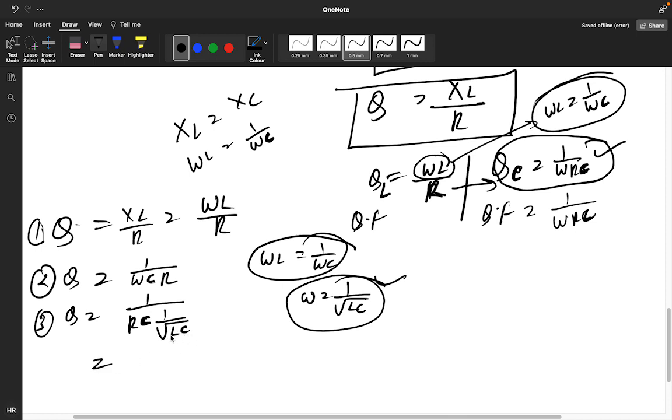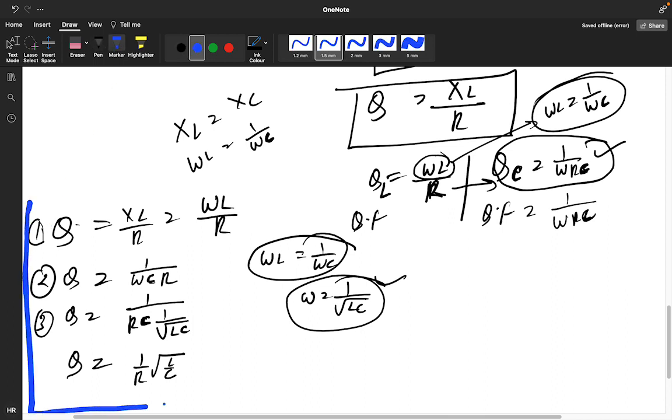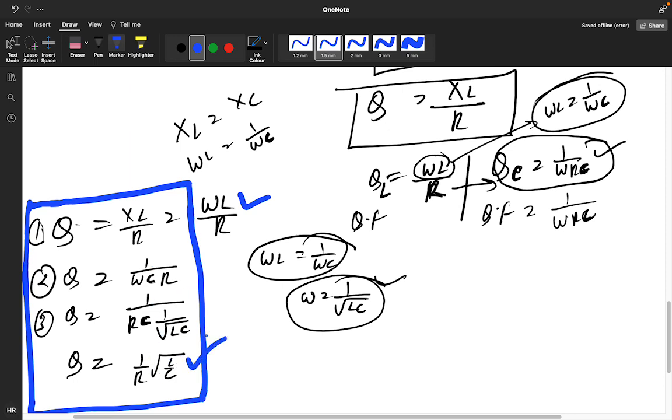If you solve this, what you will get is 1 by R root under L by C. So all these quality factor formulas are the same: XL by R, 1 by omega CR, 1 by R root under L by C.